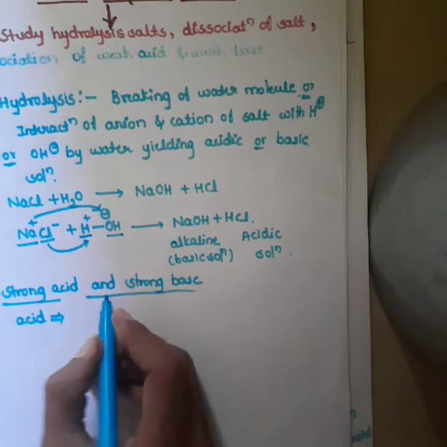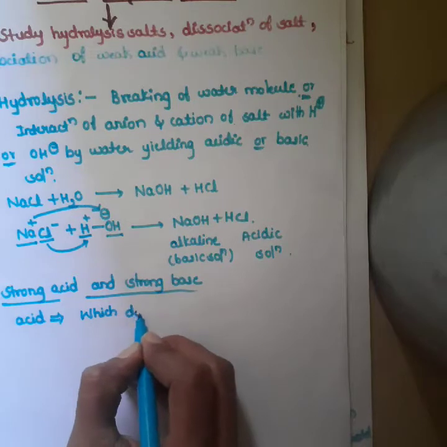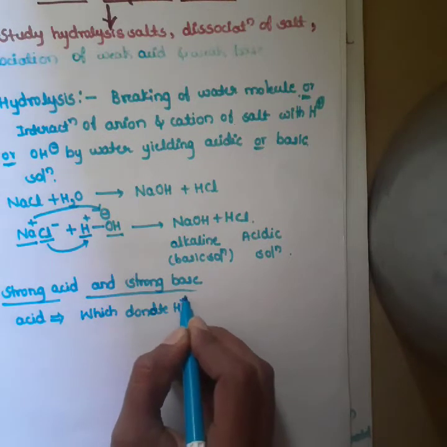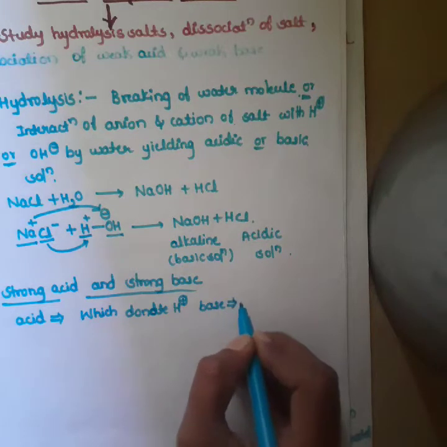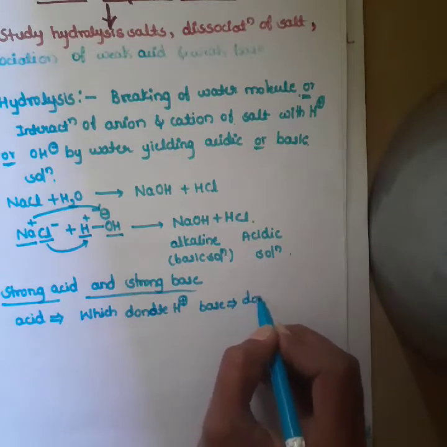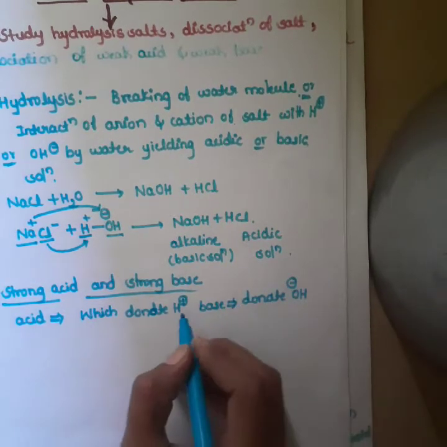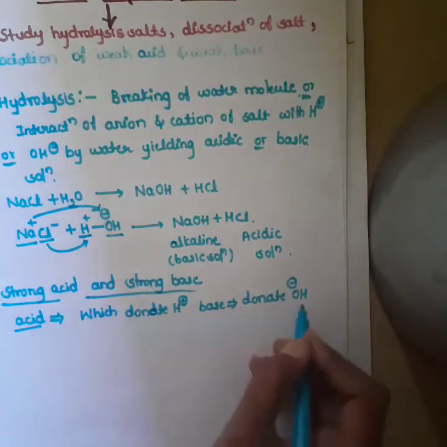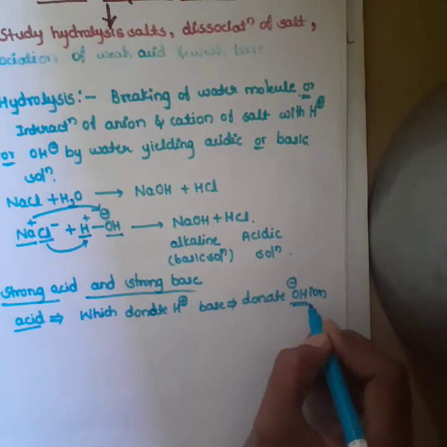Acid means which donates H plus ion, and base means which donates OH minus ion. We already know this. The compound which donates H plus is called acid. The compound which donates OH minus ion is called base.